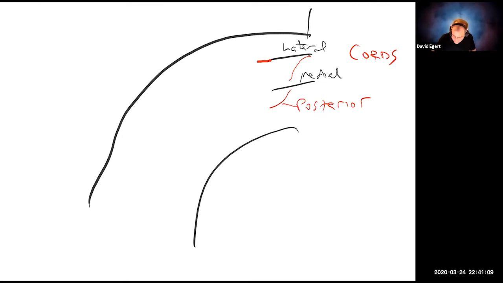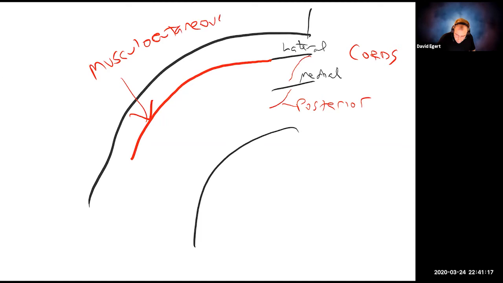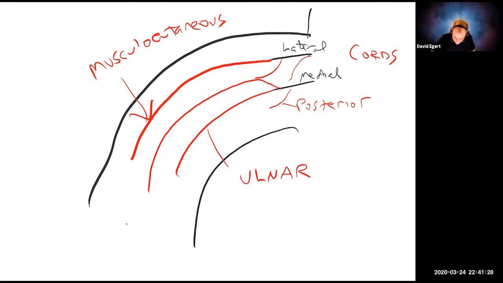Lateral is going to continue to be musculocutaneous. Medial is going to continue to be the ulnar. These two make that kind of M. It becomes the median nerve. Musculocutaneous is doing the upper arm flexors.